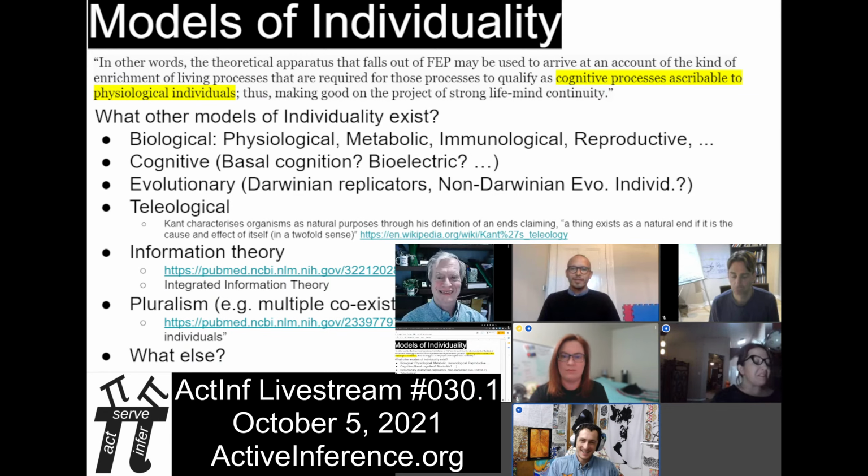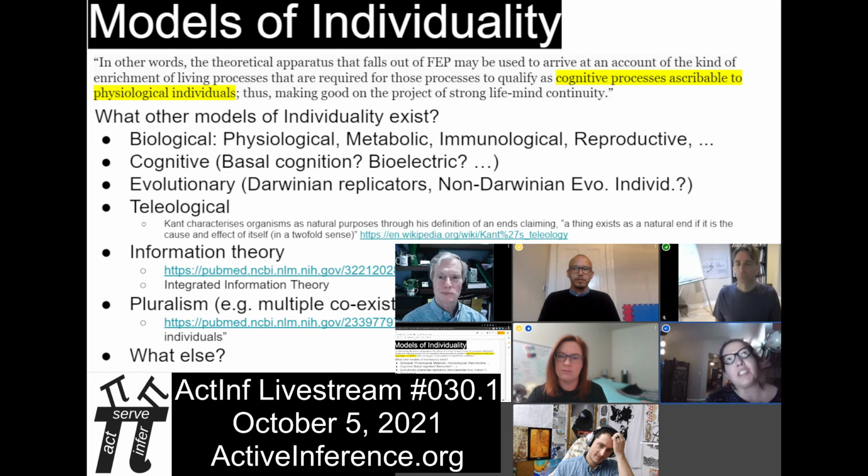And I think that the concept of an individual is closely related to maybe the concept of autonomy and also the concept of emergence. And of course, it's also related to the concept of a cognizer. But cognizer aside, I've heard a lot of definitions thrown around for an individual.